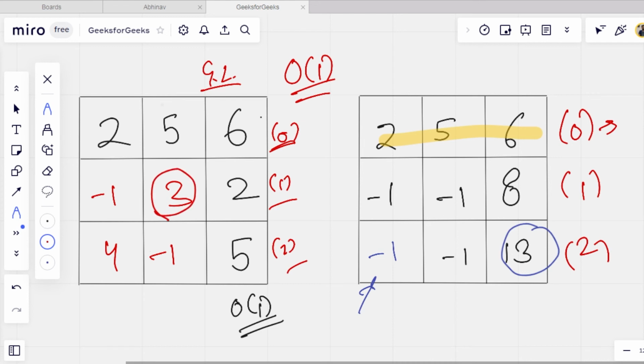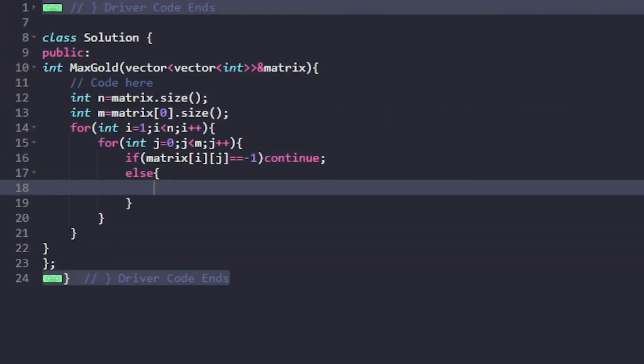There are 3 ways to reach this, and we will take the maximum of the 3 ways. The first way is this, the second way is this one, the third way is this one. First we will find the maximum of these 3 ways, and then I will add the value of the maximum, which is 6, to this 3, and that will become 9 at the end. Okay. So now let's code this.